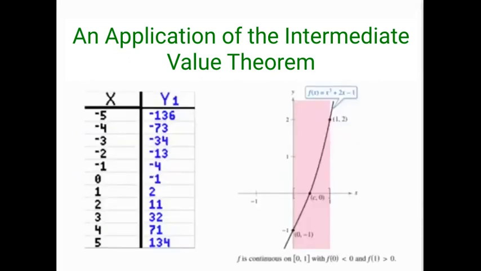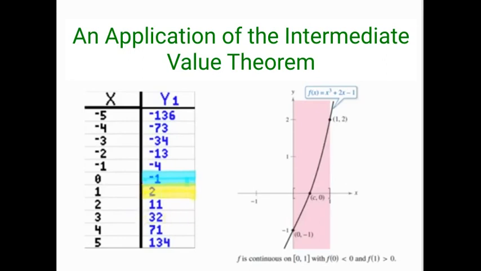We could further validate our conclusion by looking at both the graph and the table. If you want to use a table to identify any zeros, what you do is scroll down the y values and see if you see any changes in sign. Notice about halfway down our table that we have a y value of -1, and then all of a sudden we have a +2, so it jumps from -1 to +2.